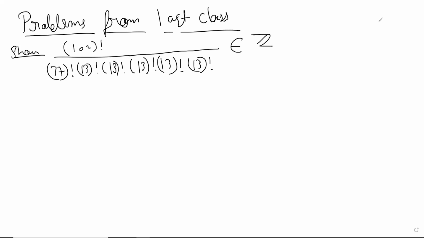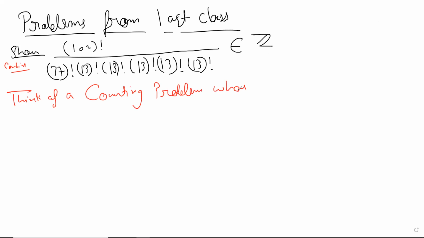What do I mean by show combinatorially? I mean think of a counting problem whose solution is this number. Then the number has to be an integer, right? There is no other way.